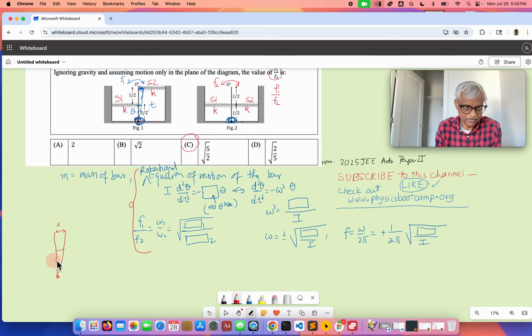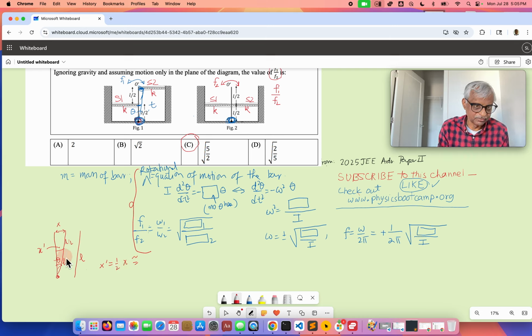This is halfway, L over 2, L over 2, so this whole thing is L. And if this is x prime, from here you can do x prime equals half x, from similar triangles.